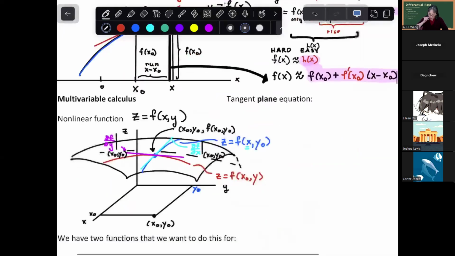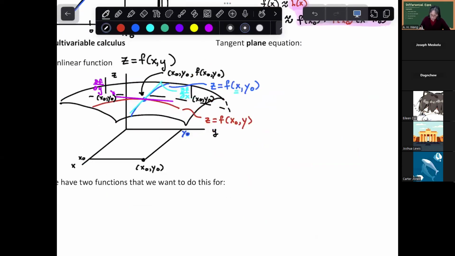And now think about, what if you were to go ahead and move off of this x naught, y naught downstairs? So you have x naught, y naught right here. And what if you were to kind of go over here? Okay, so let me just draw this out a little bit further. So can you see then, right?